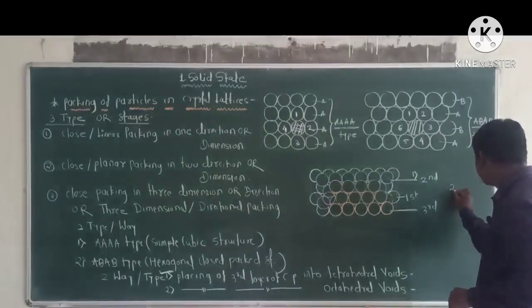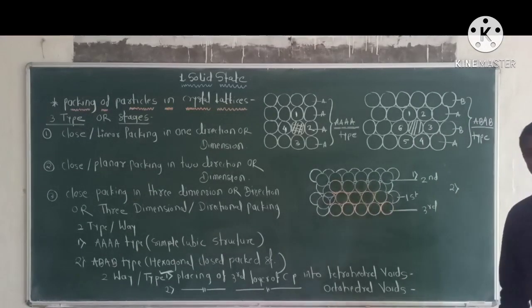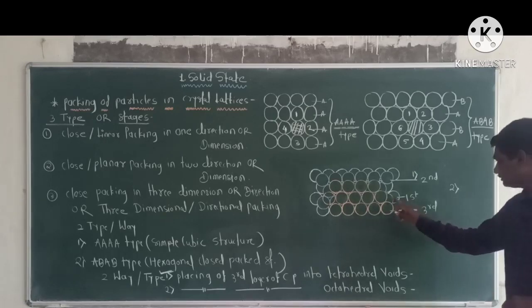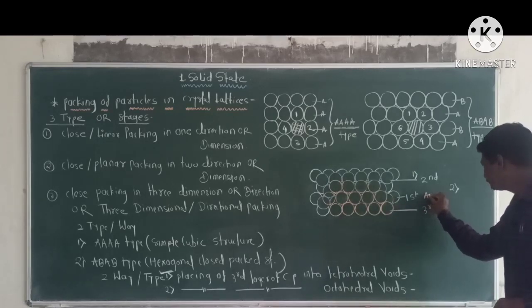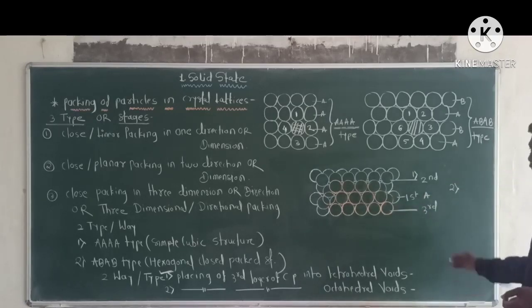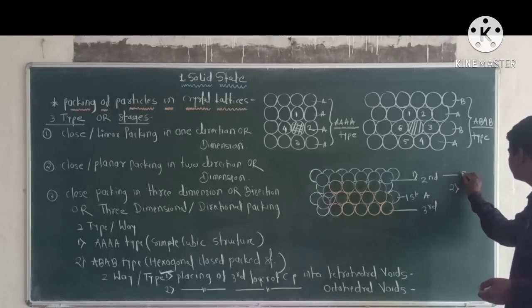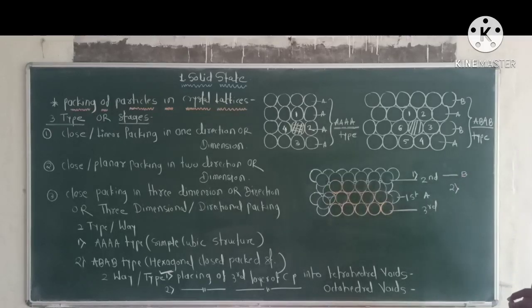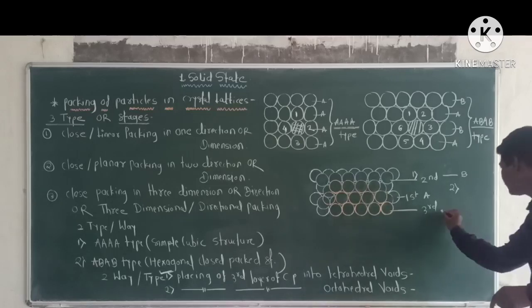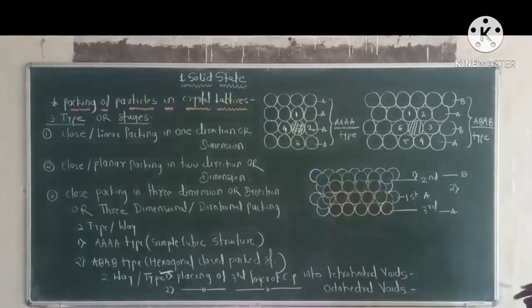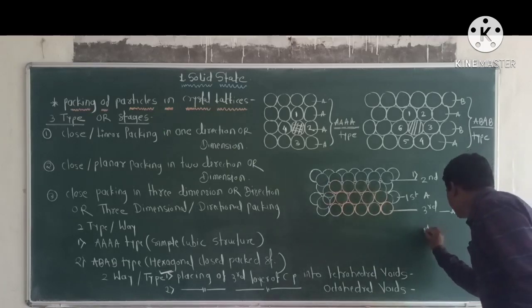Now second point, in this packing the first layer is called A type, the second layer is called B type, and the third layer is also called A type, and so on. Therefore this packing is called AB type.